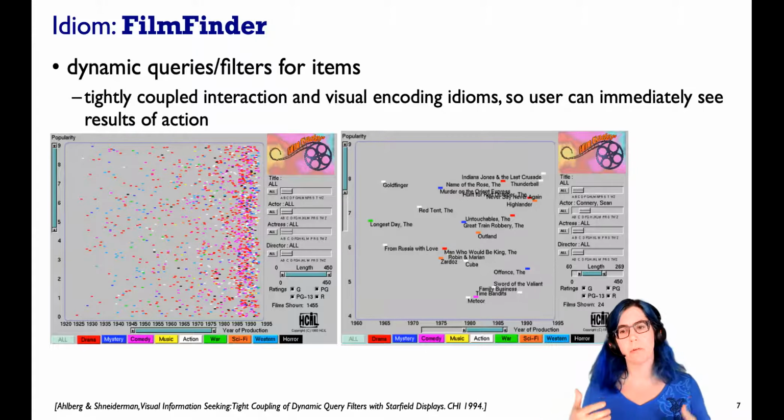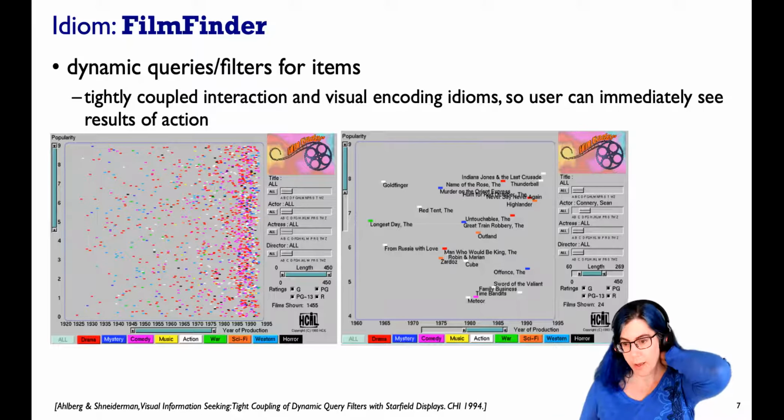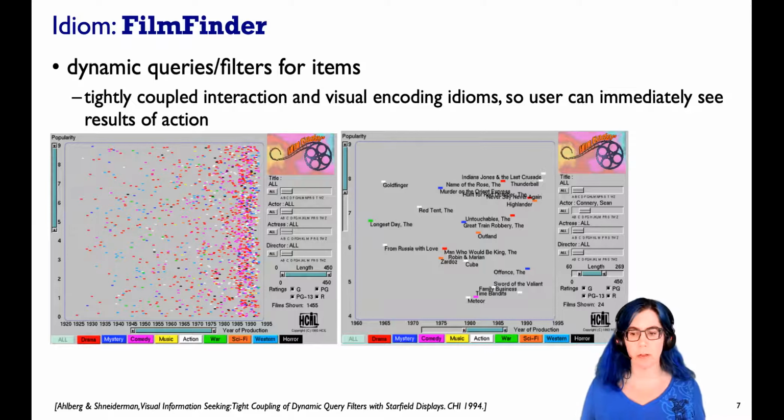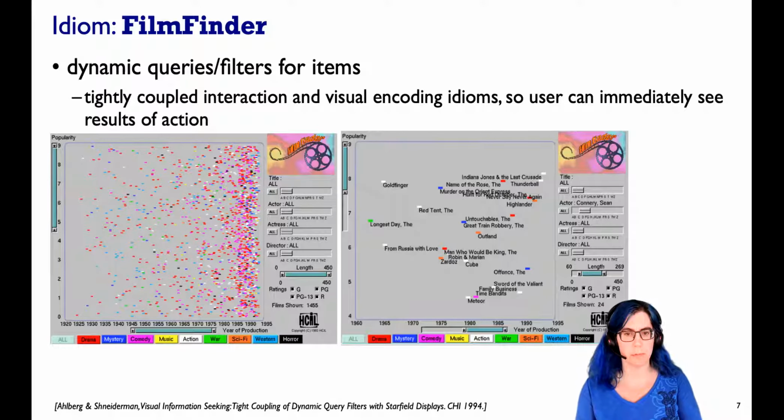Then on the right, we see that we've chosen a particular actor, in this case, Sean Connery. Now we have much lower information density after we filter out everything that didn't match that query, and we're able to see the labels. This kind of going back and forth between seeing everything and filtering down to a subset is what this sort of interactive filtering support is all about.